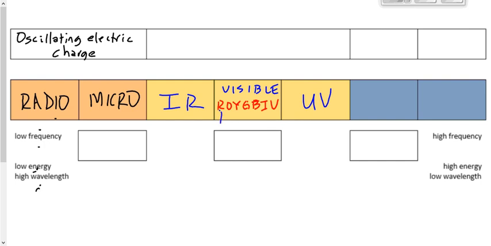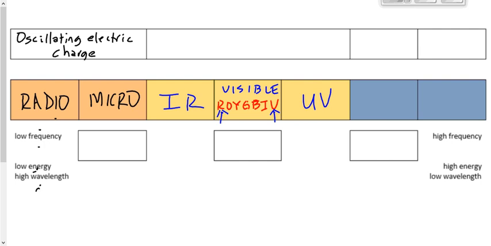Right below red. What does the word ultra mean? Ultra means above. Where does it appear? Right above violet. Infrared is below red. Ultraviolet is above violet in terms of frequency. So we've got radio waves, microwaves, infrared, visible light, ultraviolet.